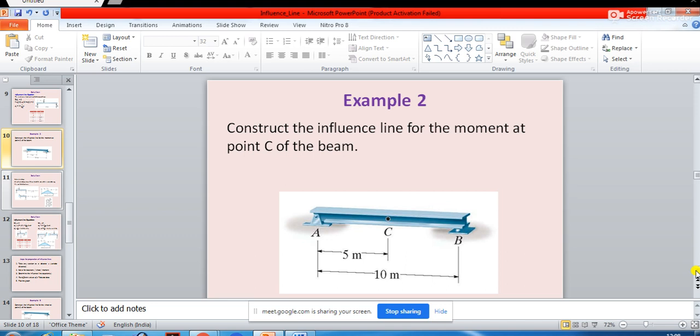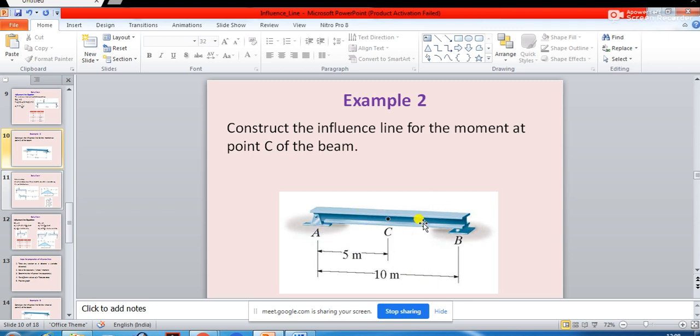Exactly the same philosophy we will follow for finding the influence line diagram for moment at a particular point C. If we want to find the influence line diagram for point C of a simply supported beam, you can observe that point C is at a distance of 5 meters from point A, where the length of the beam is 10 meters.